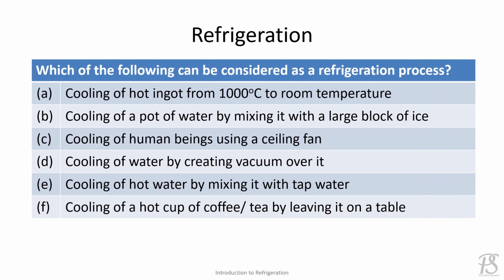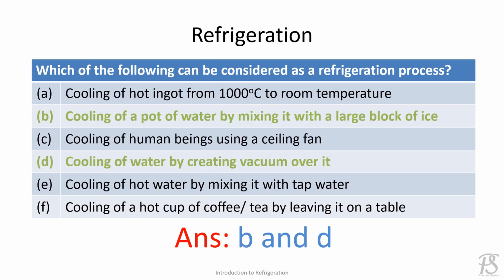With these definitions with us, can you identify which of these can be considered as a refrigeration process? Option B and option D are the correct options. In case of option B, the system is cooled to a temperature much below the ambient temperature using a block of ice.